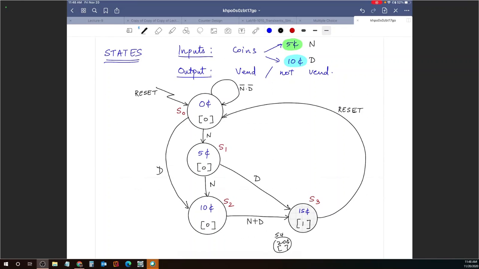So in this case, I have 2 types of outputs, vending, not vending, and change. So I could increase the number of outputs and deal with that situation. You are absolutely right. We could do that, but this is a simpler state diagram example.